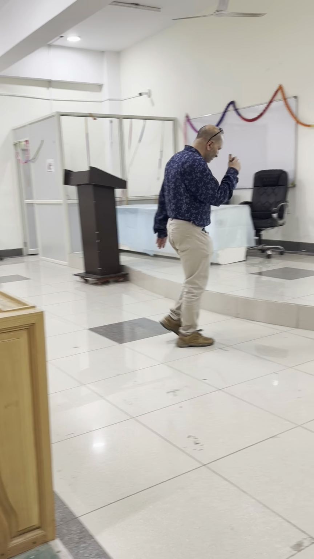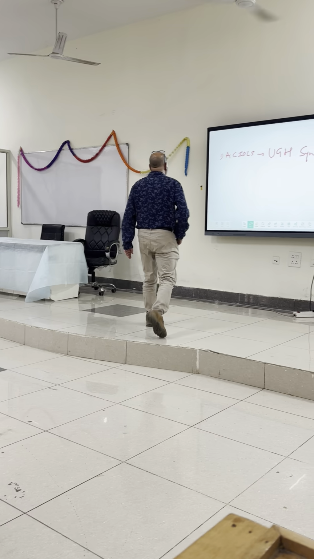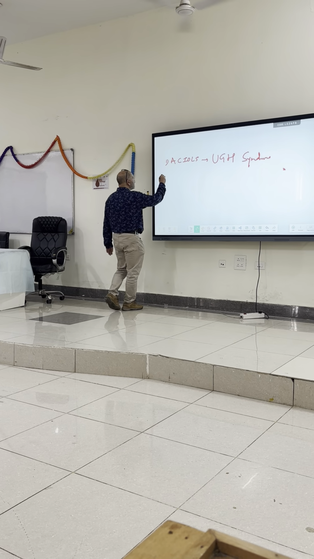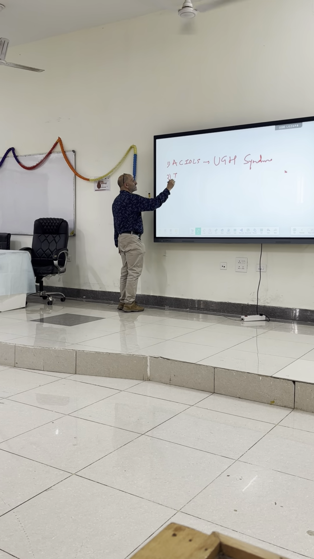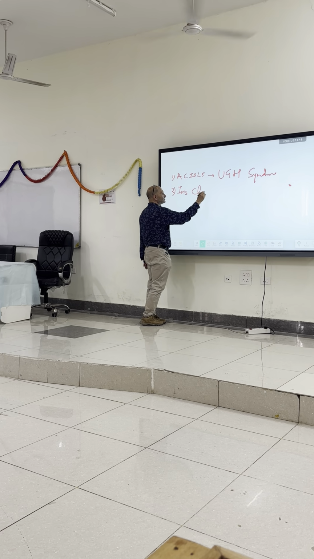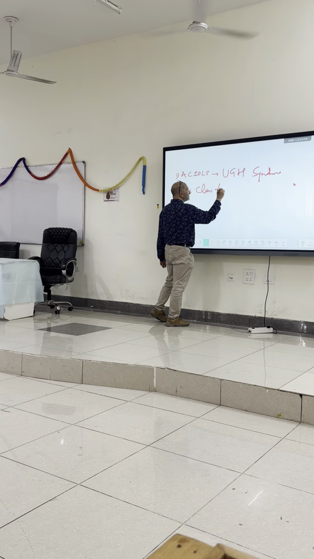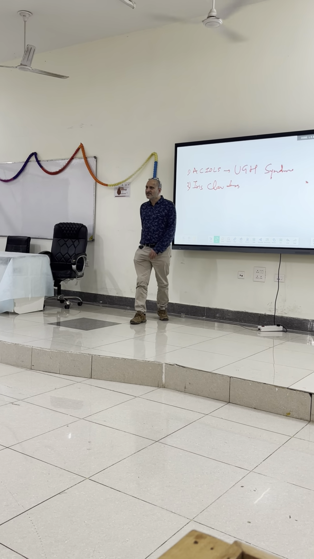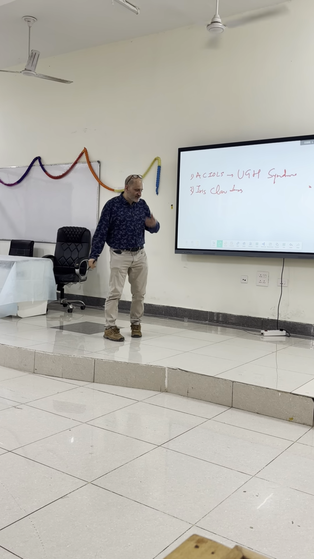Now what are the other options? One more option we have is the iris supported lens, called the iris claw lens. What are iris claw lenses?